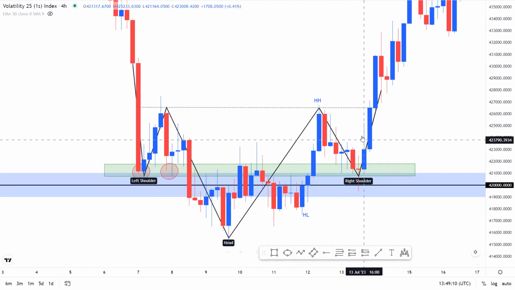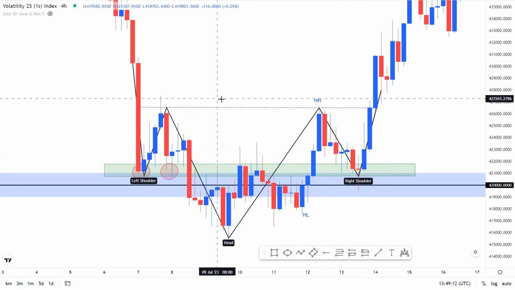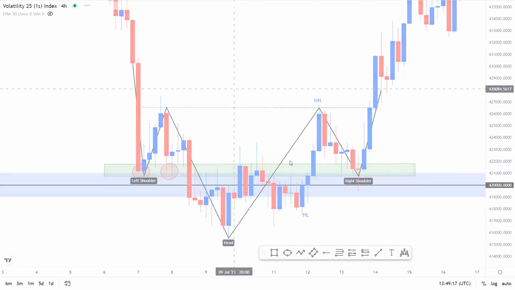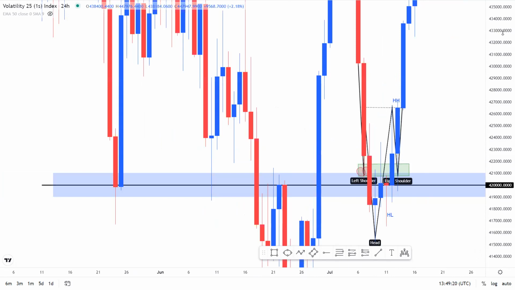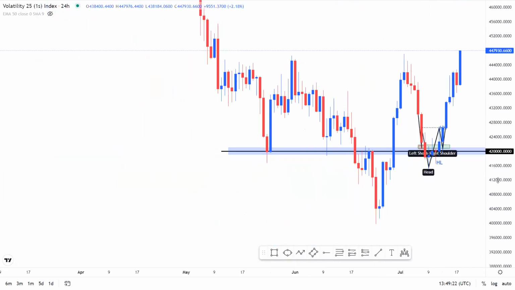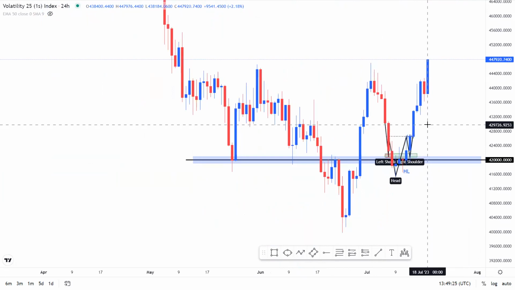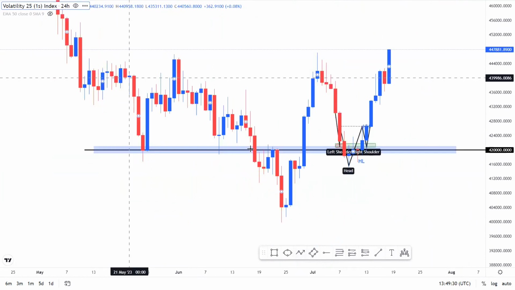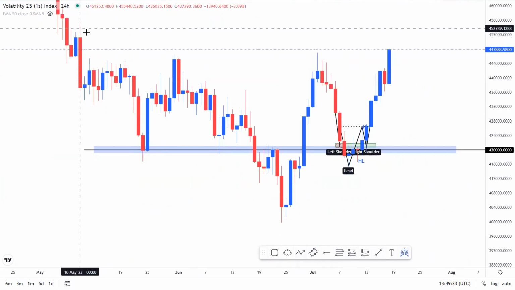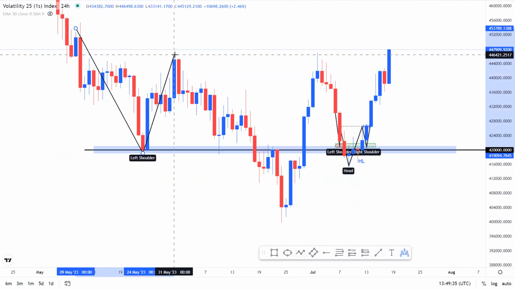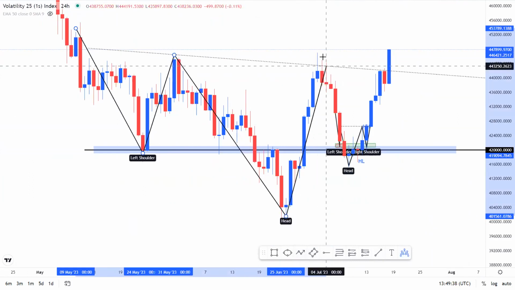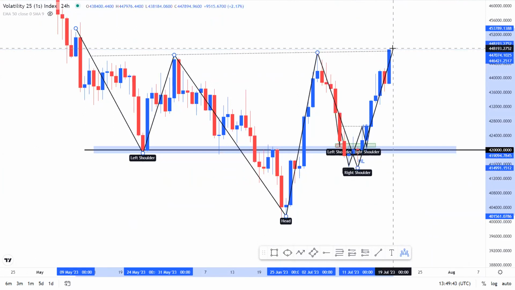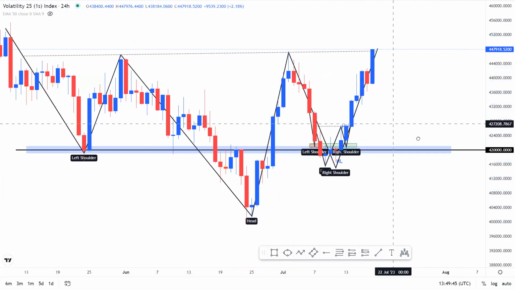Now you can see how this pattern right here looks very similar to what we're having on the daily time frame. We had ourselves this, and then the head with our potential right shoulder, aligning also with our daily area of interest.